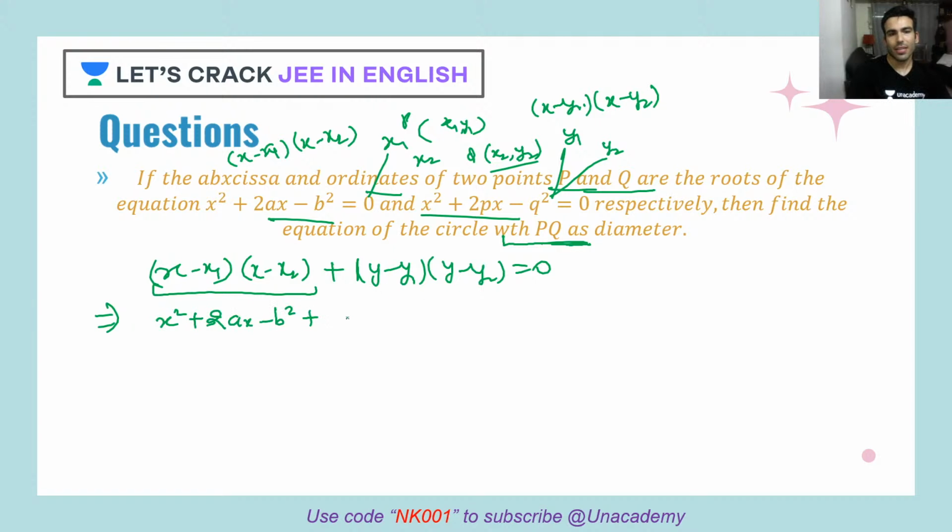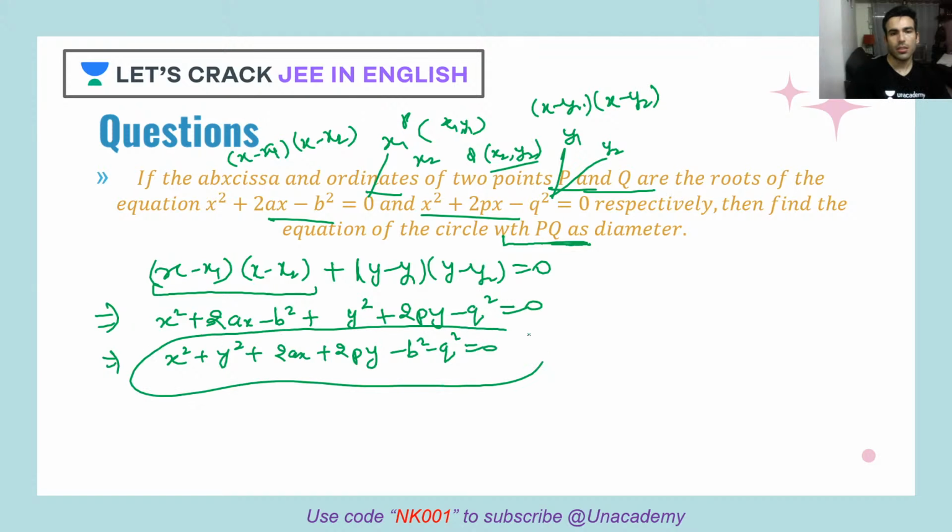Similarly, changing the variable, y square plus twice of py minus q square is equal to 0. Now I can rewrite this as x square plus y square plus twice of ax plus twice of py minus b square minus q square is equal to 0. That's it. This is your circle's equation.